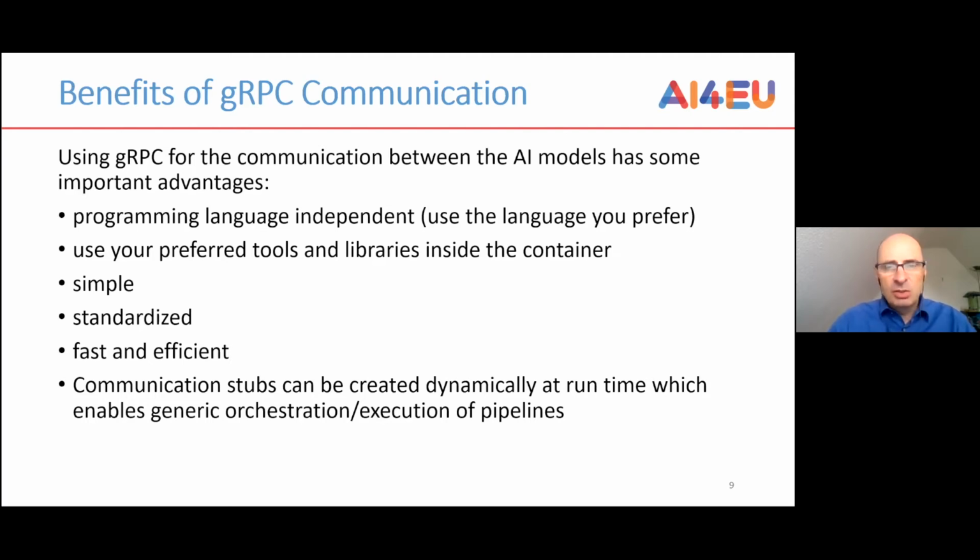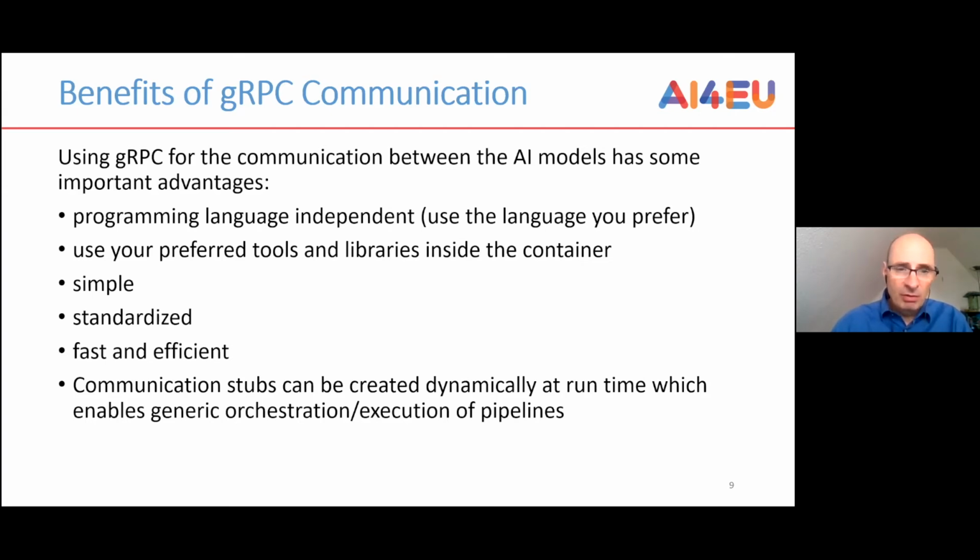And since it's Docker, you can install all the tools you like inside the container. It is simple and standardized. Kubernetes itself is using gRPC for internal communication. NVIDIA is using gRPC for many communication paths inside their libraries, CUDA, for example. It is fast and efficient.